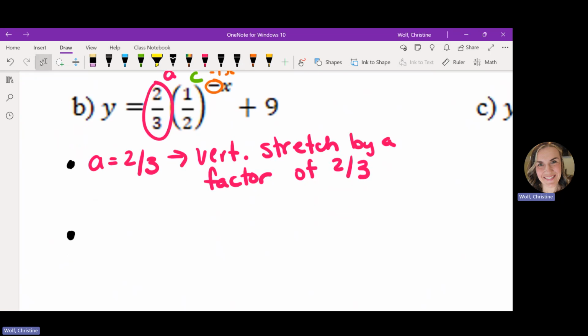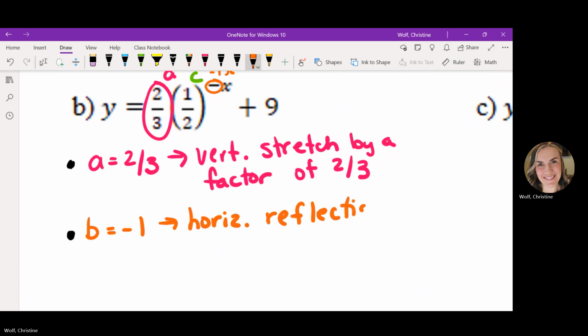So that negative, my B being -1, tells me that I have a horizontal reflection. That negative means there's a reflection. And because the actual B value is 1, that's nothing. That's a stretch of 1, and timesing it by 1 won't change it.